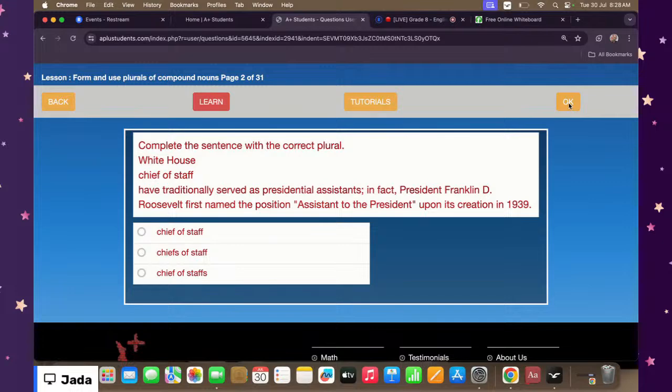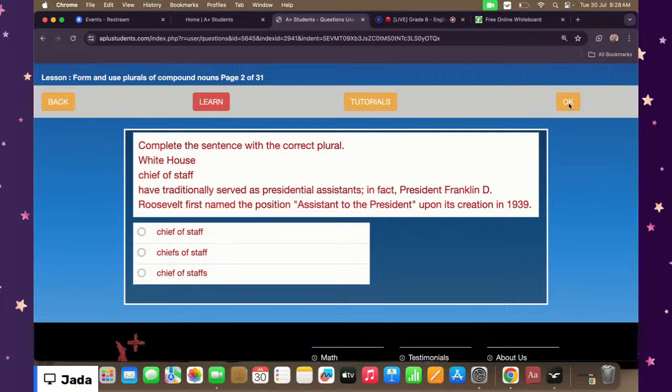White House chiefs of staff have traditionally served as presidential assistants. In fact, President Franklin D. Roosevelt first named the position assistant to the president until its creation in 1939. So chief of staffs, which one?